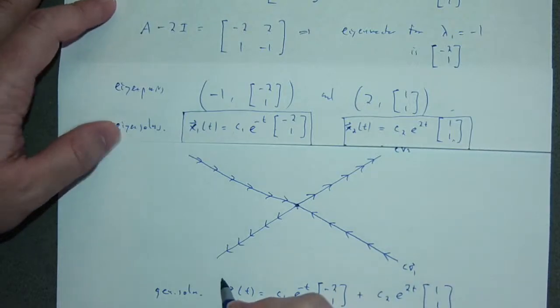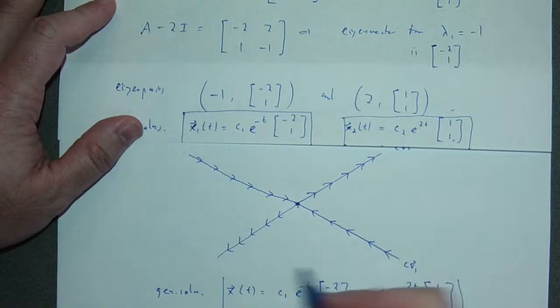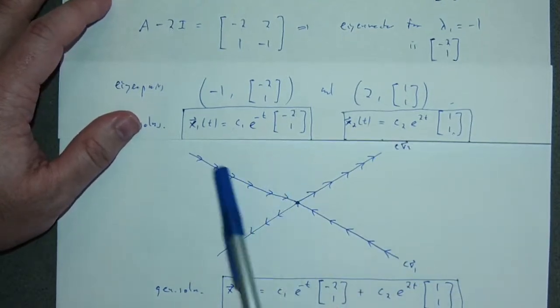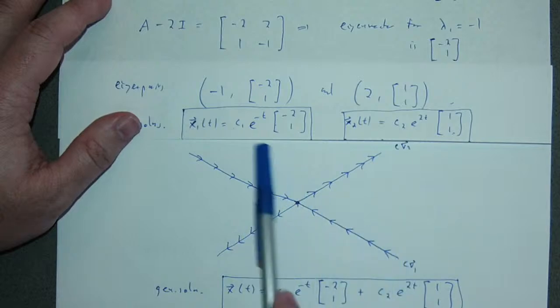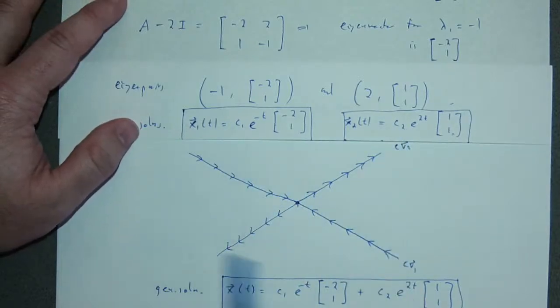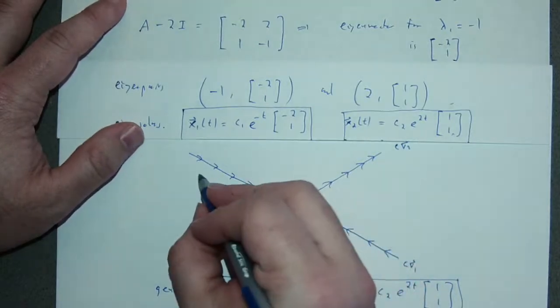So my general solution is a sum of these things. It's not purely going to lie on one of these lines. So what does a trajectory that doesn't lie on one of these lines look like? Well, it looks like this.